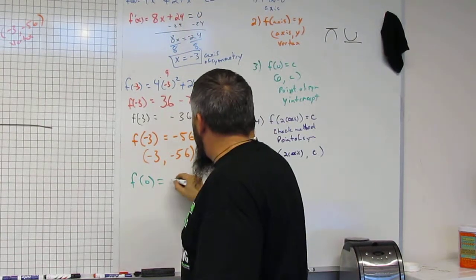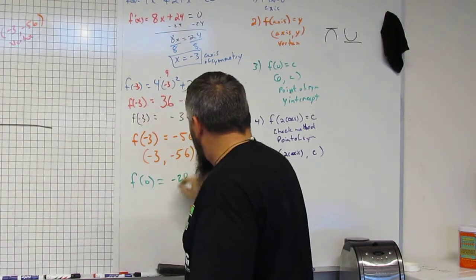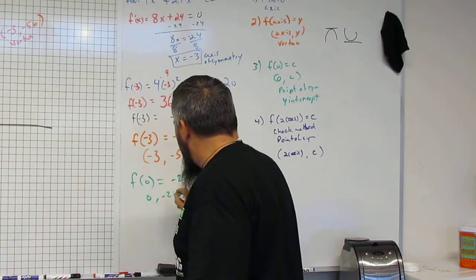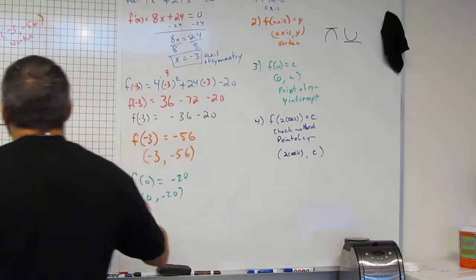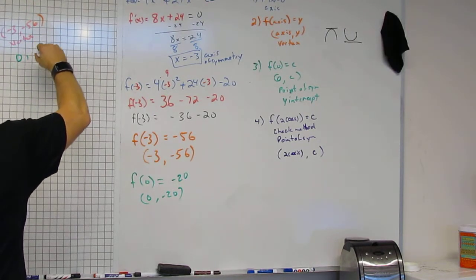So it's just going to equal negative 20. So my point is 0, negative 20. That's one of my points.